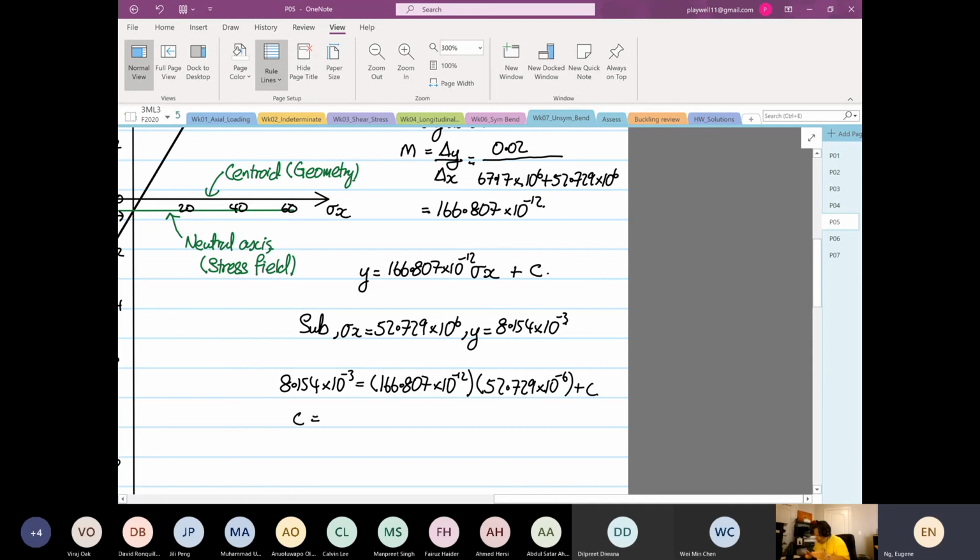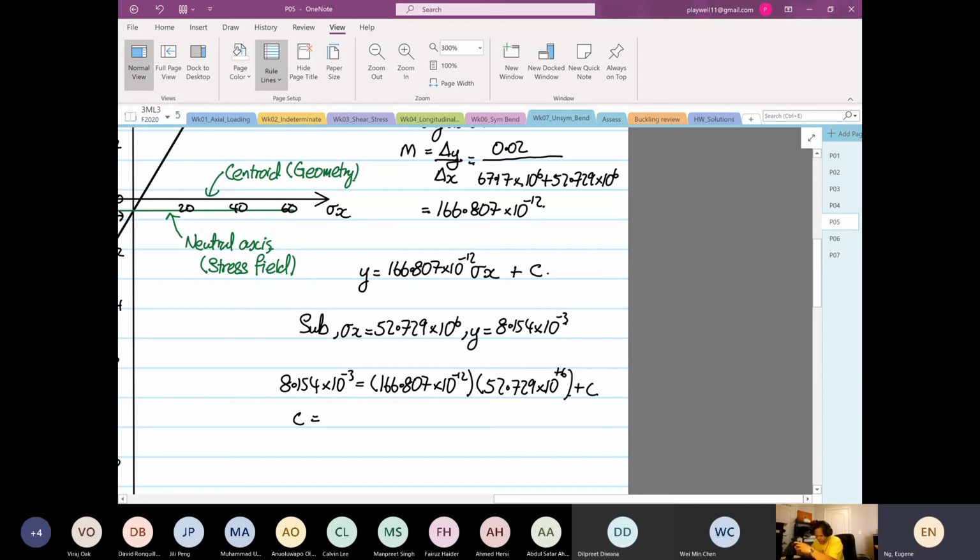So C, which is a shifter, is 8.154 power minus 3 divided by 166.807 power minus 12 divided by 52.729 power 6. Wait, this is power positive 6. Okay, that is stress.